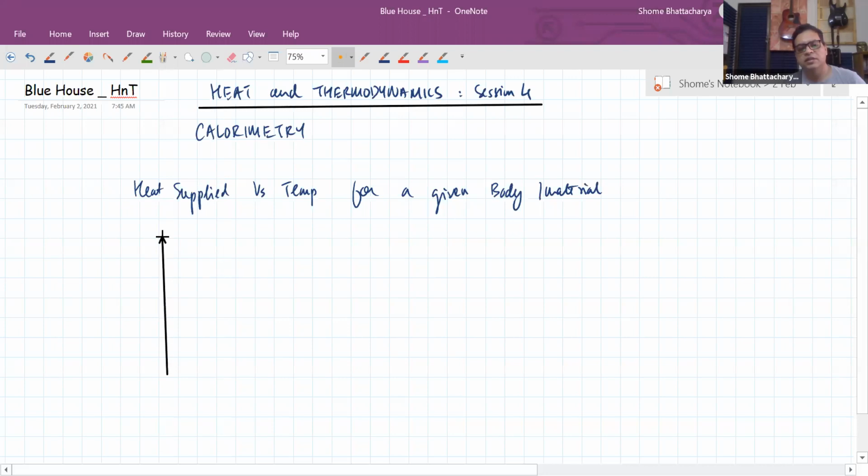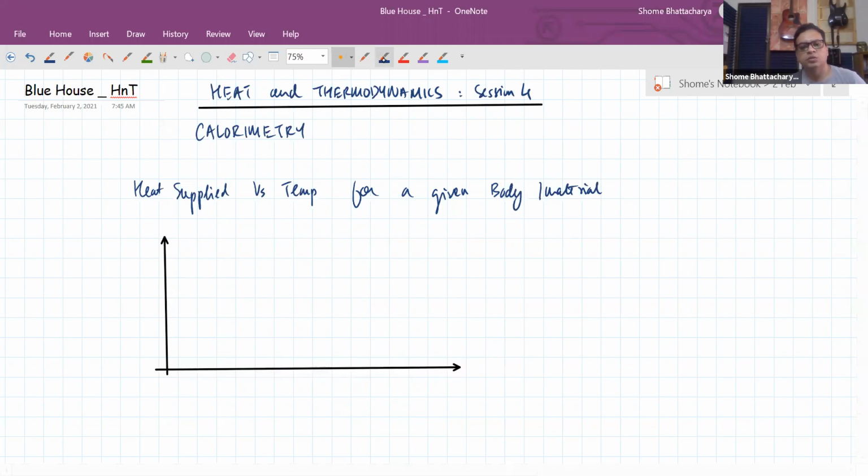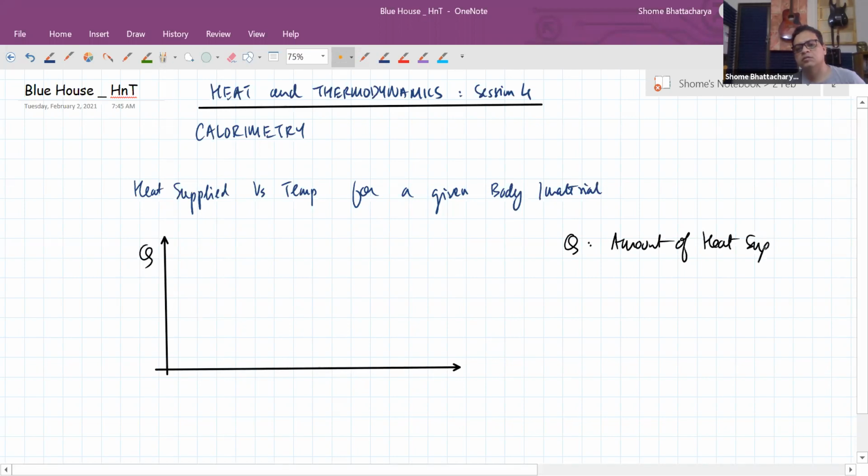then what we see is that there is a linear relationship. Suppose we plot a graph between Q, which is the amount of heat supplied, in joules, versus temperature, Kelvin or degree C, whatever.